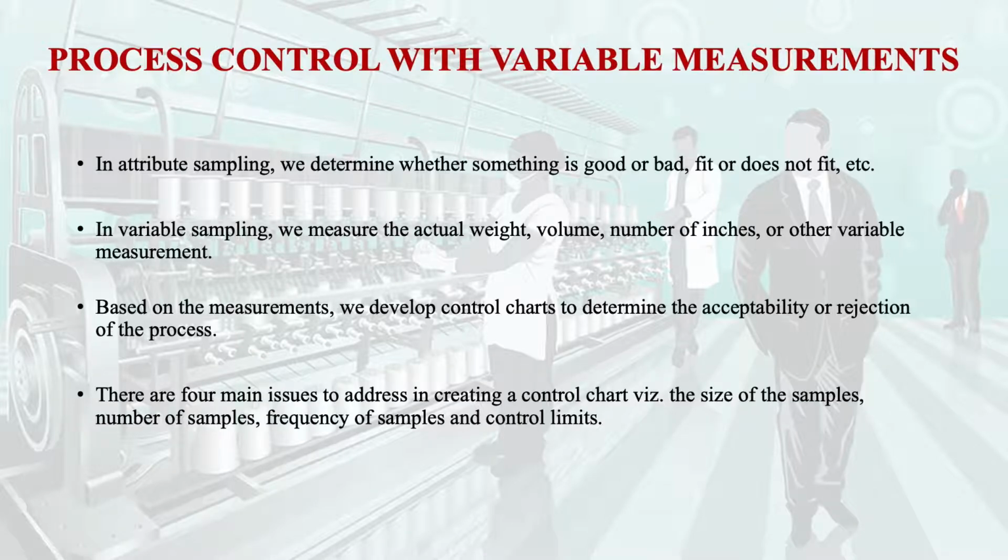There are four main issues to address in creating a control chart: size of sample, number of samples, frequency of sampling and the control limit. First we will take a look at the size of sample.